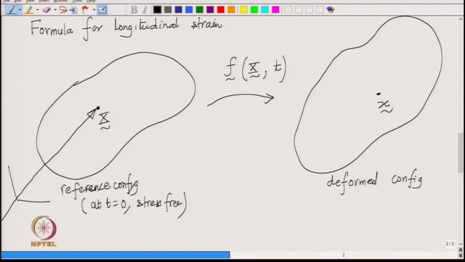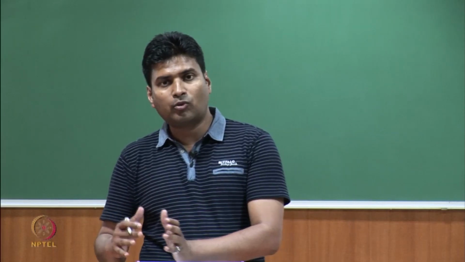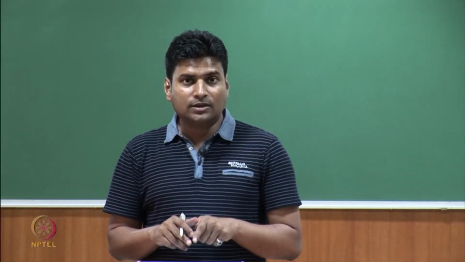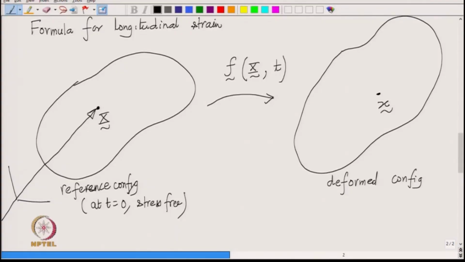So, as time changes, the body is also undergoing some deformation, it is moving from one point to the other. Therefore, this f, the correspondence between deformed and reference configuration, is a function of time. So, basically we can now write that small x, the position in the deformed configuration, equals this function f, which depends on big X and the time t. Okay. And you see this function is basically a vector function.